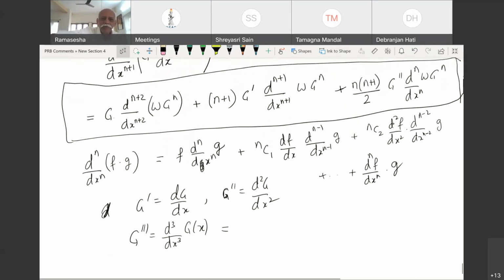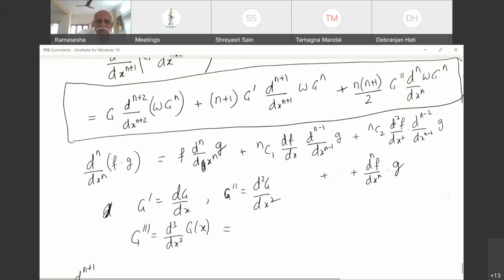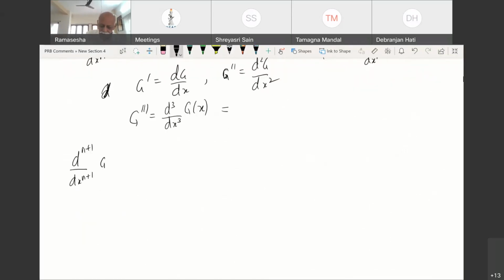So actually, you can write it. One way of evaluating d^(n+1) by dx^(n+1) of G d by dx of W G to the power n can be rewritten.